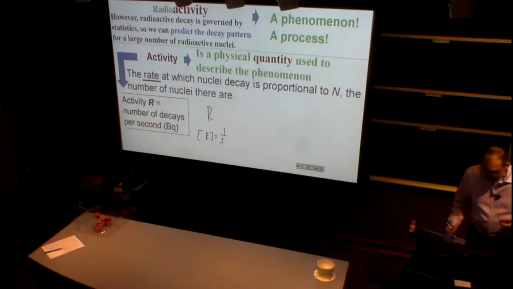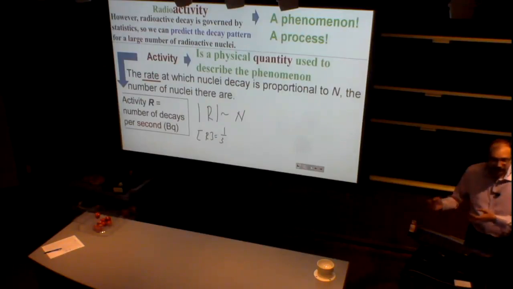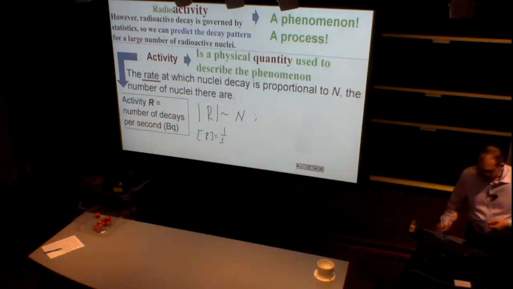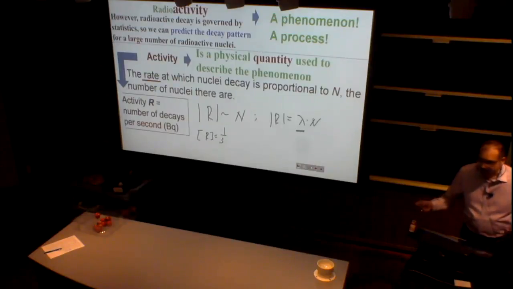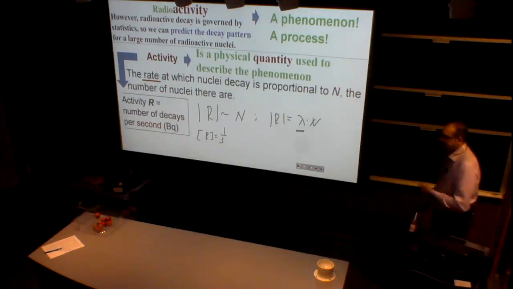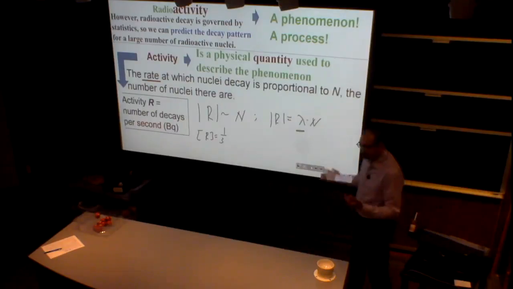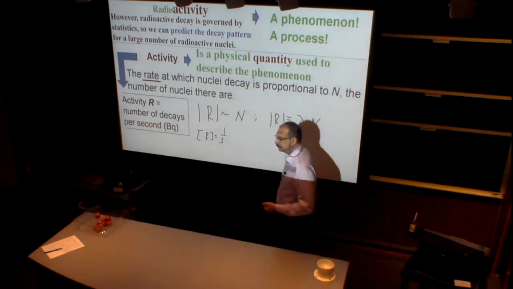Now, what should it be equal to? Well, the magnitude of it should be proportional to the number of radioactive elements. If we have many, activity is higher. And there's a specific coefficient that depends on the material. This coefficient looks like wavelength because it's the same letter lambda, but it's not.